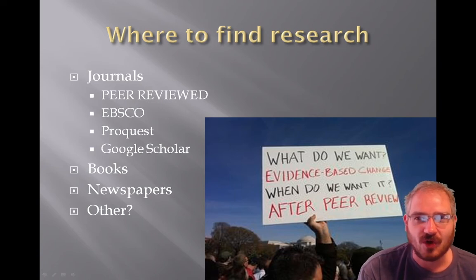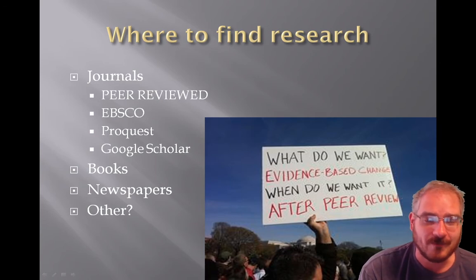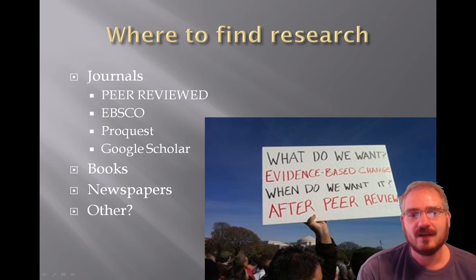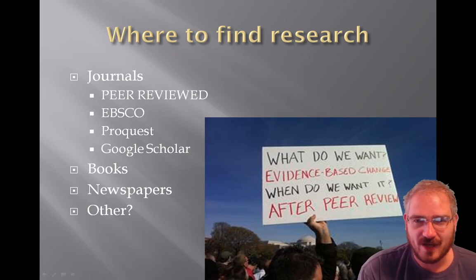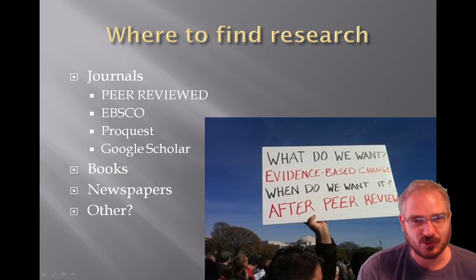You need to start any process like that with figuring out what people before you have done. The best place to find that are academic journals. Okay, these are usually expensive to acquire unless you are a high school or college student, and usually your school will pay for access to these things.